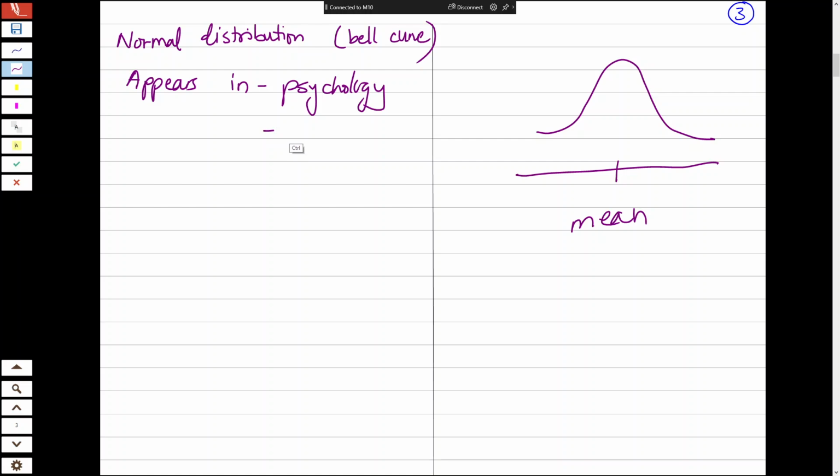Someone came in to our life skills class and was explaining about how ATAR scores work. So it's not the ATAR that's normally distributed, it's the VCE study scores. It's also in your assignment. I snuck in a question about that, if you read far enough.